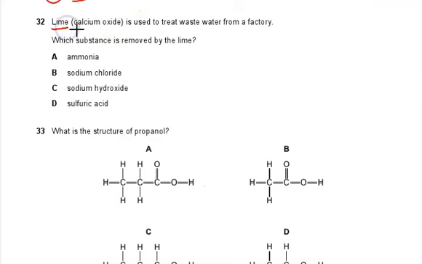The lime, which is calcium oxide, is used to treat wastewater from a factory. Which substance is removed by lime? As you understand, calcium oxide is an alkali, and an alkali can react with acid. Ammonia is an alkali.